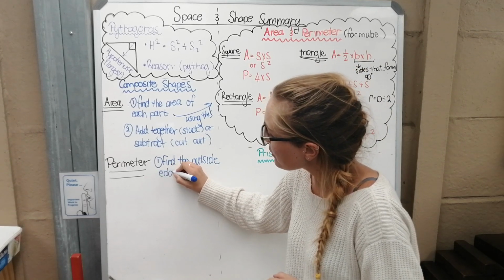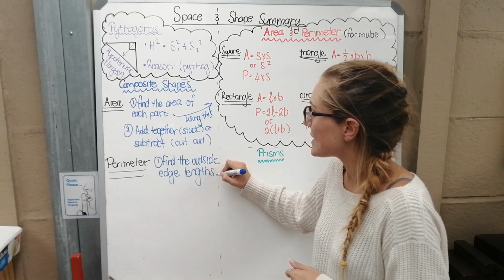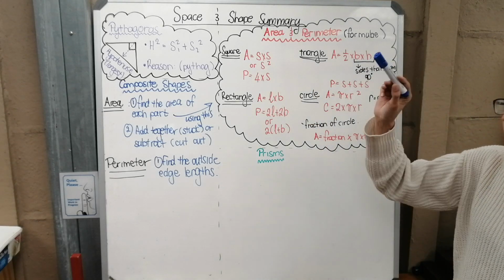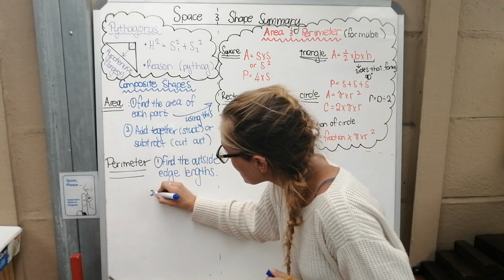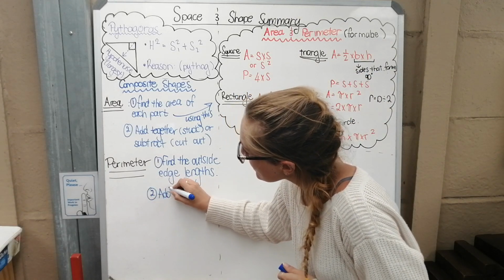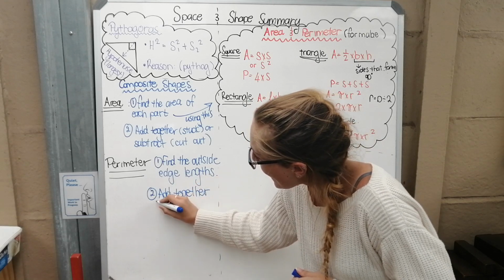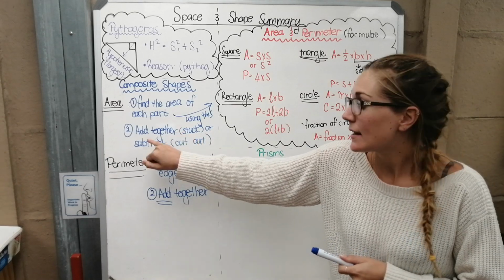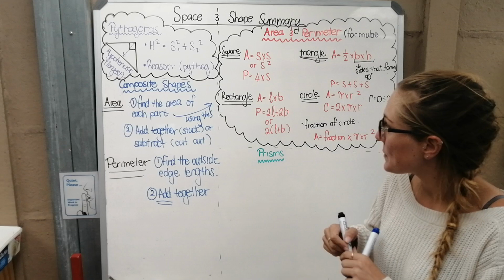With perimeter, we want to know if I were to walk around the outside lines of this shape, how far would I be walking? So if you can find how long each of the sides is, and then you add them together, you've got the perimeter. Note that for perimeter, we always add. For area, sometimes we might add, sometimes we might subtract. And that's it for composite shapes.